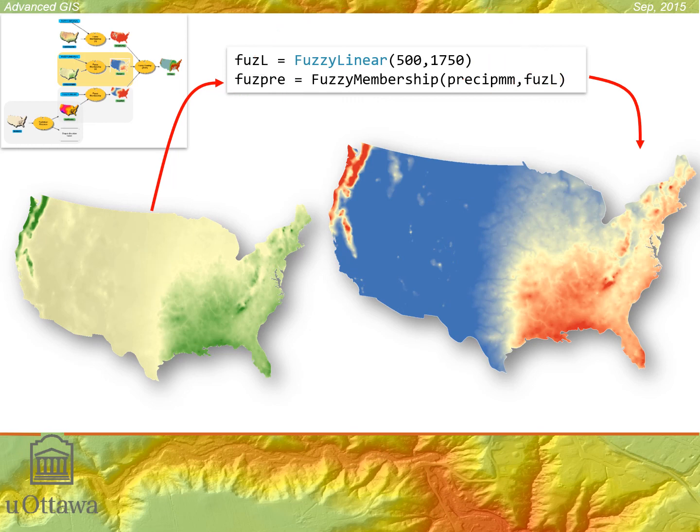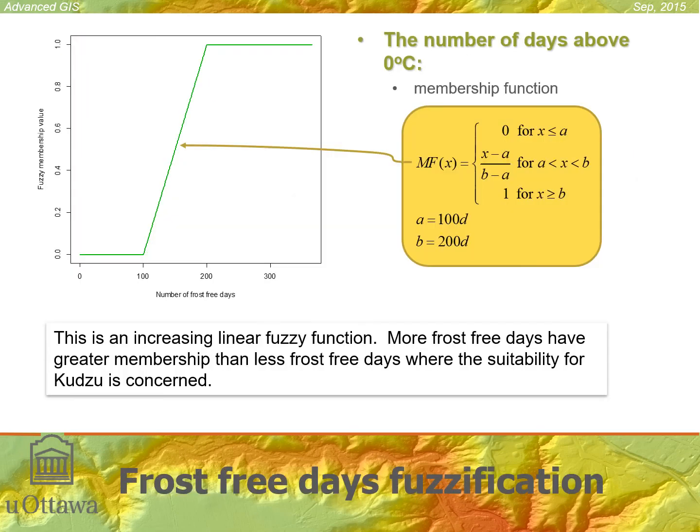And it looks like the one on the right here, where dark reds are 1 and blues are 0, or very near 0 anyway. Some could be actually 0. Finally, the number of days above 0 degrees Celsius is also an increasing fuzzy linear function with these parameters, which are the ones I explained in the first example when I introduced you to what fuzzification was with a fuzzy linear function.